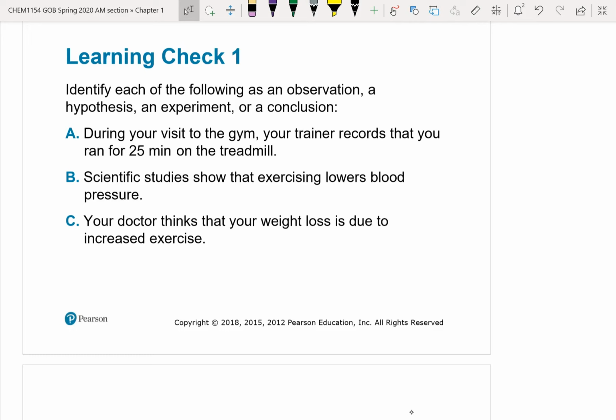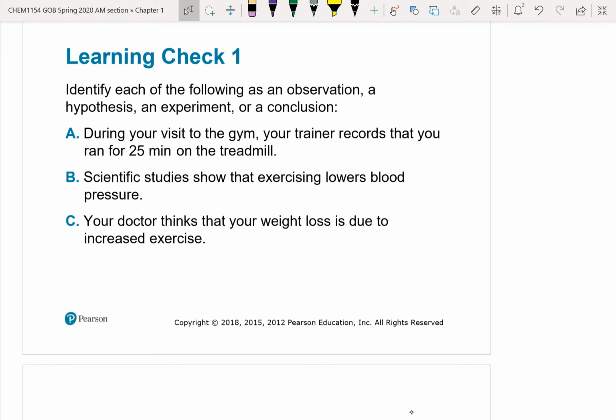So you go to the gym, and your trainer, if you have a trainer, or you can record it yourself, that you ran for 25 minutes on the treadmill. Is that a hypothesis? I'm sorry, an observation, hypothesis, experiment, or conclusion? So you're recording that you ran for 25 minutes, right?